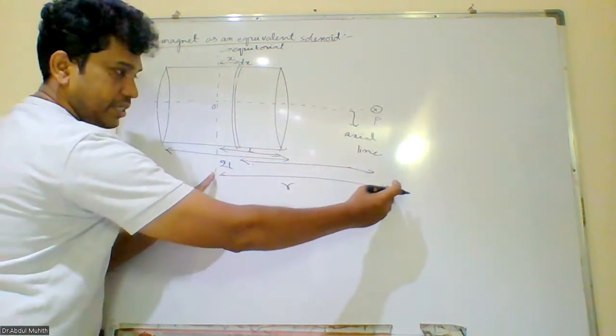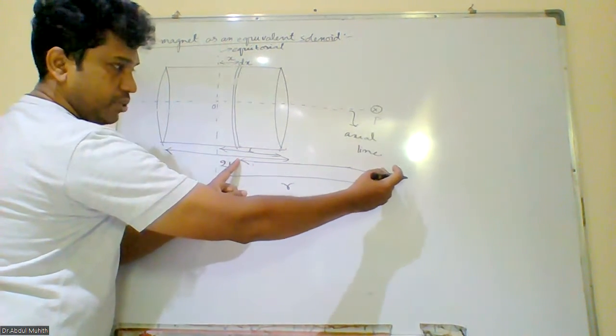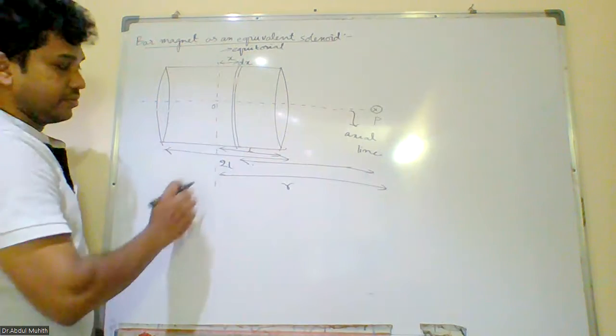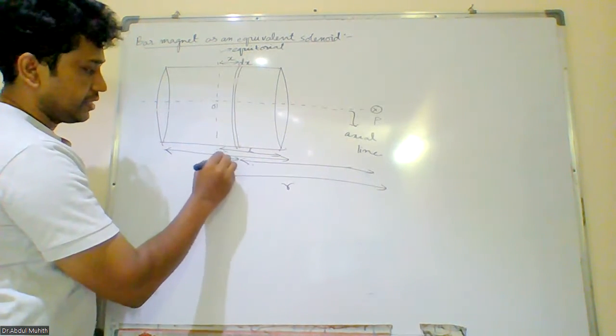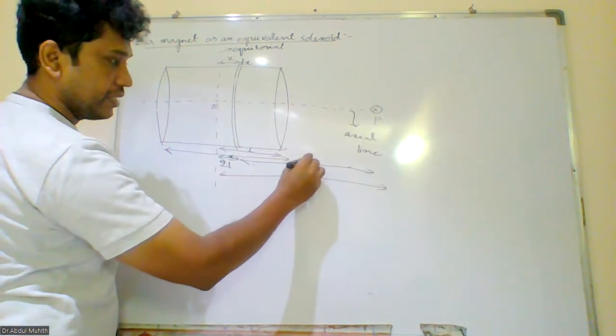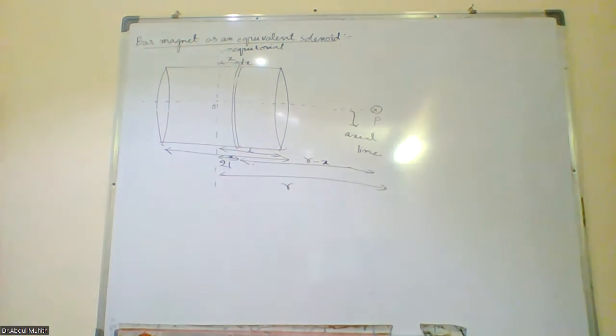From here to here it is R. From here to here, how much will it be? R minus x. Here, R minus x.